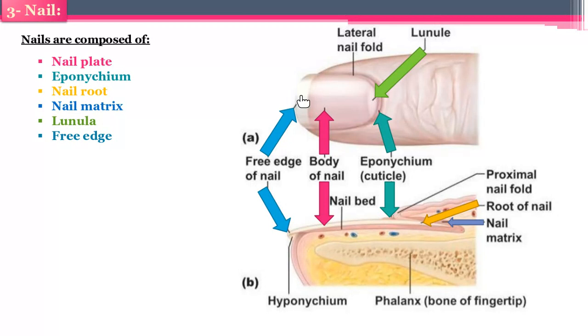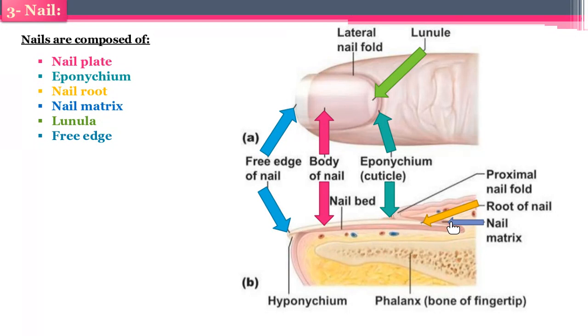This is the details of the parts of the nail which are present in our body. I hope this is clear. And basically, if you see the second pictorial presentation, it is showing you the phalanx, that is the bone of the finger, and this is the hyponychium, the base of the nail, root of the nail.